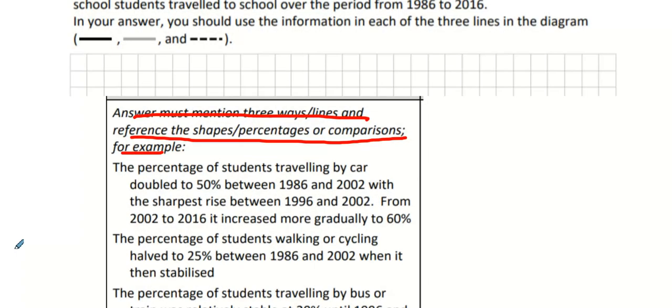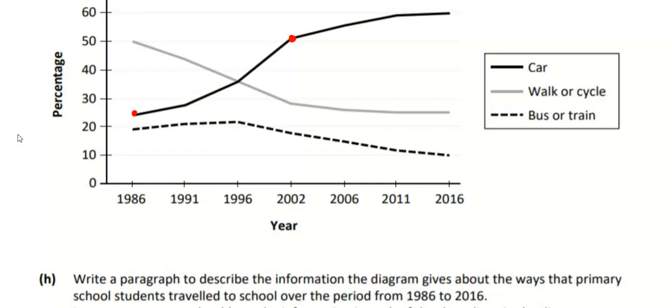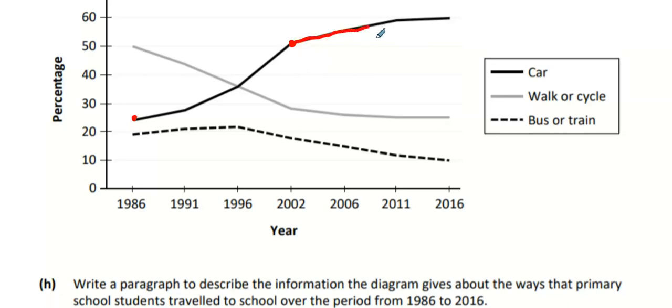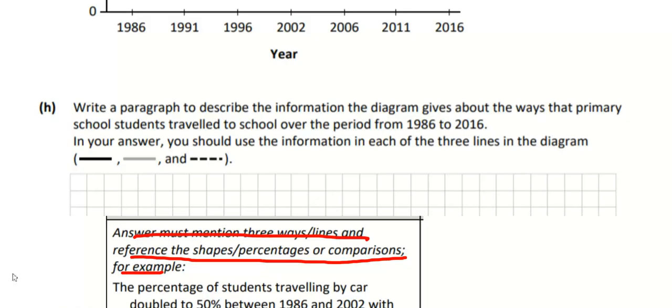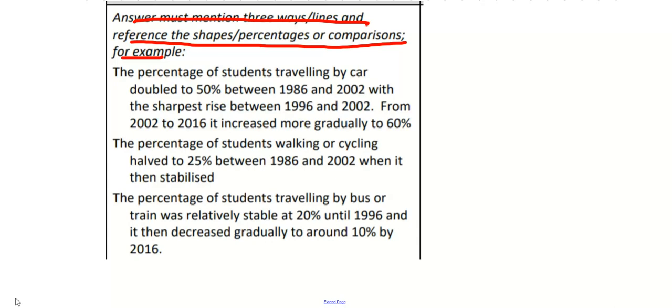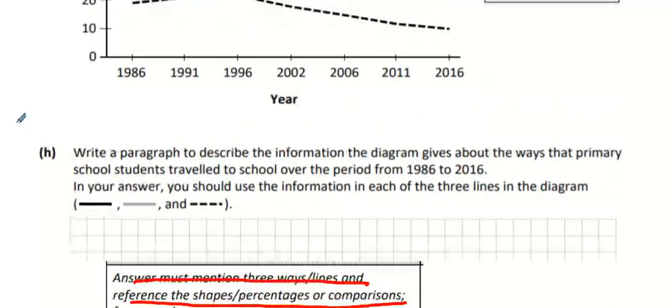The percentage of students from 2002 to 2016 increases more gradually to 60%. So we see a more gradual increase up to 60% here. Starts off at 50, roughly ends up at 60. Okay, next one. The percentage of students walking or cycling halved to 25% between 1986 and 2002, when it then stabilized.